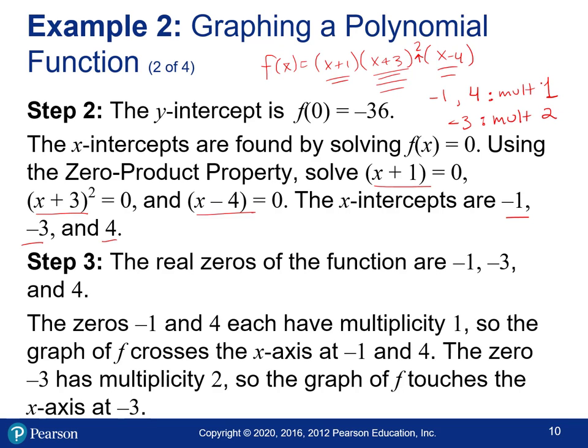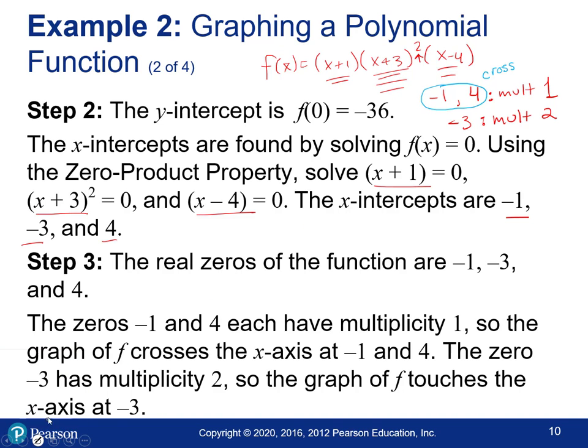Okay, so now when we go to graph this, these two, let's change colors just so it's a little bit more clear. These two, because they had odd multiplicity, we're going to cross through the x-axis at those points.